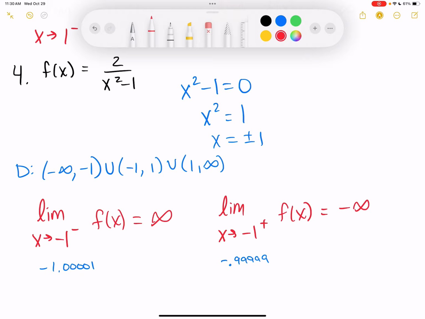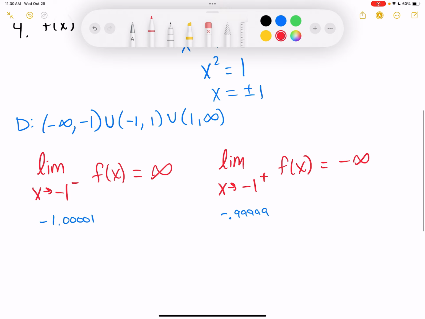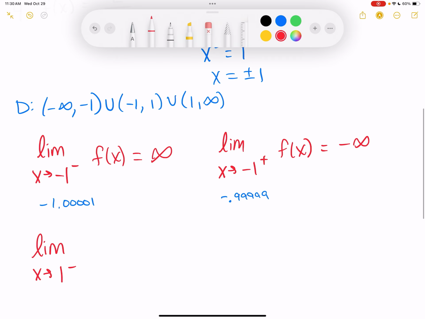Won't it just be the same? No, it'd be flipped. So the limit as x approaches 1 from the left, so that would be positive 0.99999. It's gonna be negative 1E11.